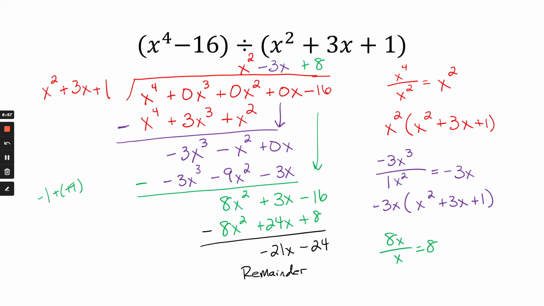So how we would actually write this answer would be x squared minus 3x plus 8, and then we're going to put plus negative 21x minus 24 all over the part we divided by. Okay, so we can write it that way, or we can write it as x squared minus 3x plus 8, and then r negative 21x minus 24.